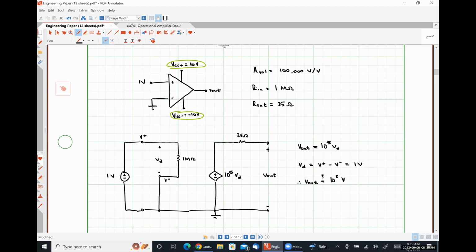And so what that means is that our output signal is going to be constrained to fall between our power supply voltages. This is commonly referred to as saturation distortion.